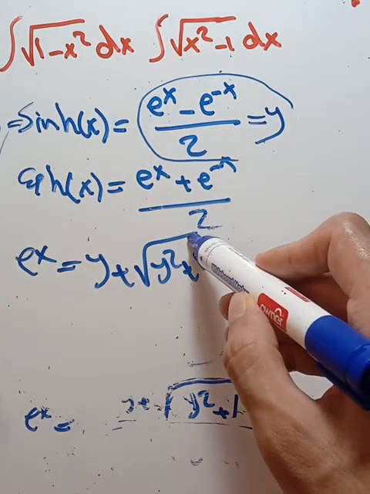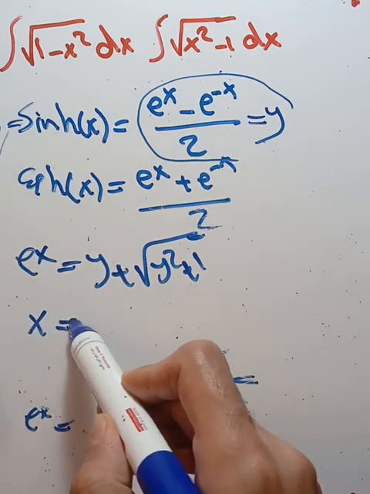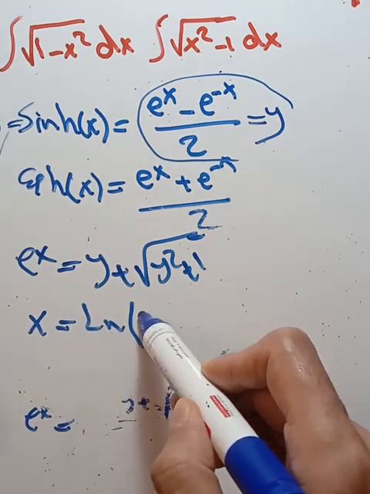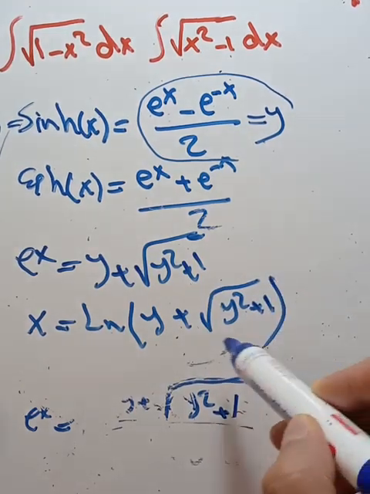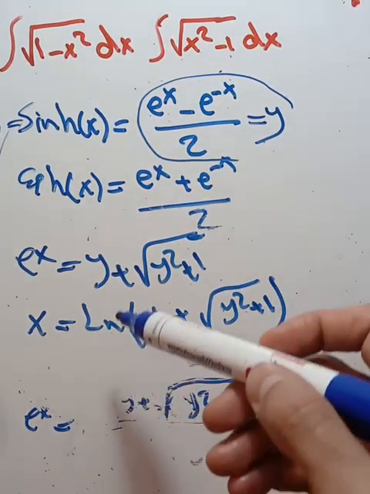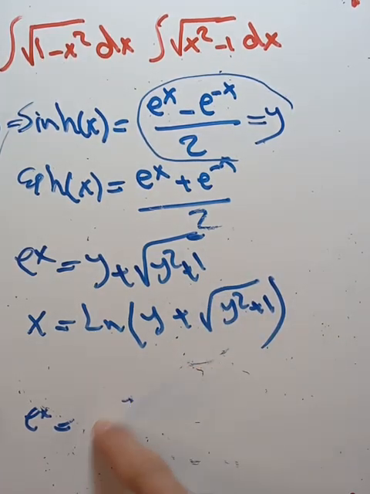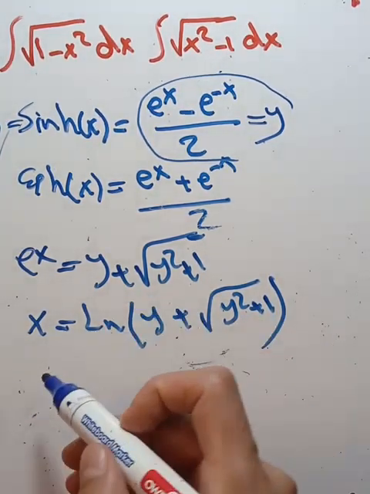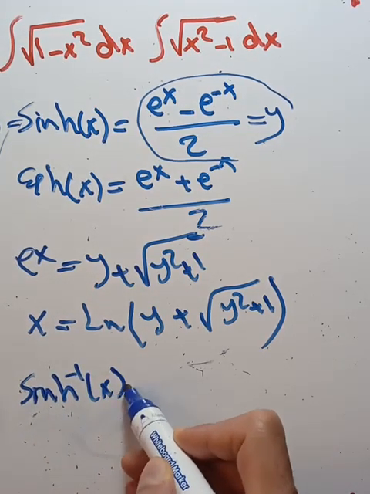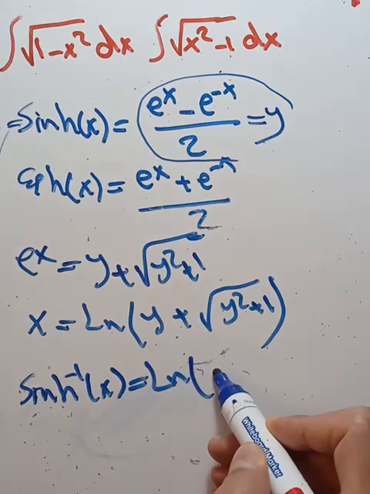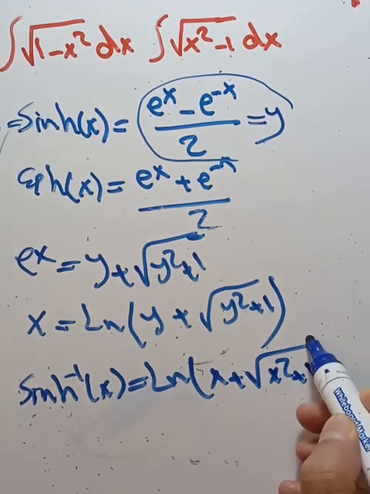And now from here x would be equal to ln of y plus the square root of y squared plus 1. Now this is the definition of ln, and then the inverse function of sine hyperbolic of x would be ln of x plus the square root of x squared plus 1.